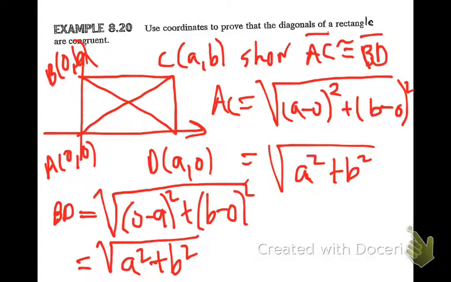So that shows that AC equals BD. Any questions? No questions there. Okay.